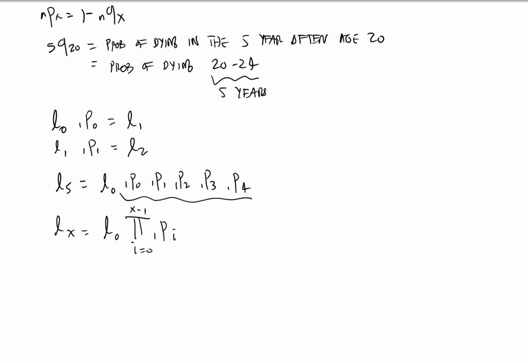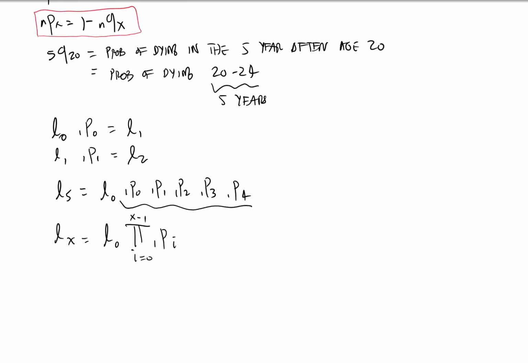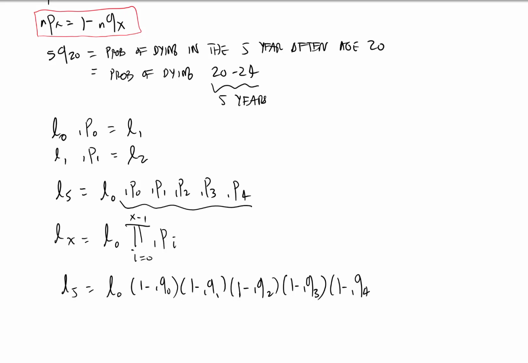Since nPx, the probability of surviving, is equal to 1 minus the probability of dying, that means that L5 should equal the radix L0 times 1 minus 1Q0 times 1 minus 1Q1 times 1 minus 1Q2. We've got 2 more terms, 1 minus 1Q3 and 1 minus 1Q4.